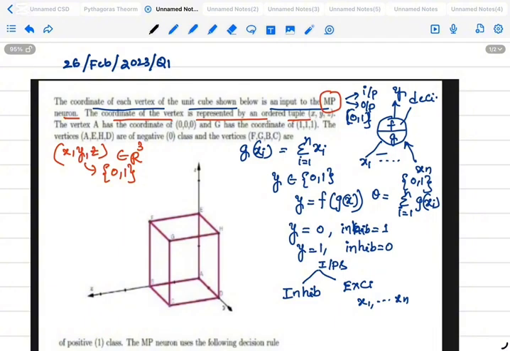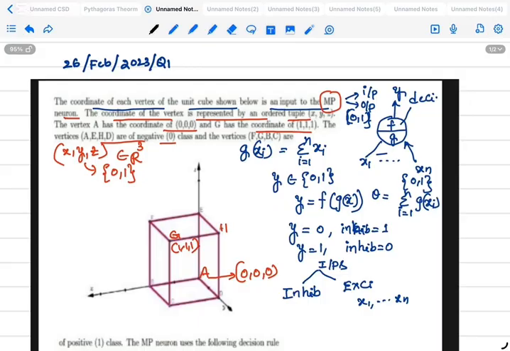The vertex A is the origin, this one here is A, and its coordinate is 0, 0, 0. Z has the coordinate 1, 1, 1. The vertices A, E, H, D are of the negative class.